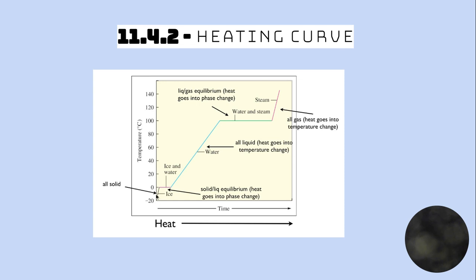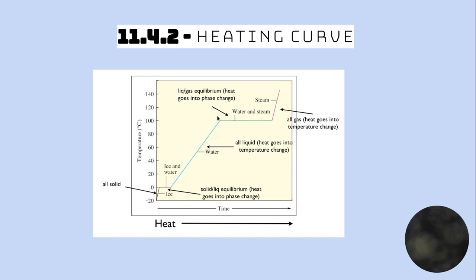The next thing you probably notice is the areas where the temperature seems to stabilize at these horizontal lines. The reason the temperature isn't changing is that any heat being added in these stretches is going purely towards a phase change.